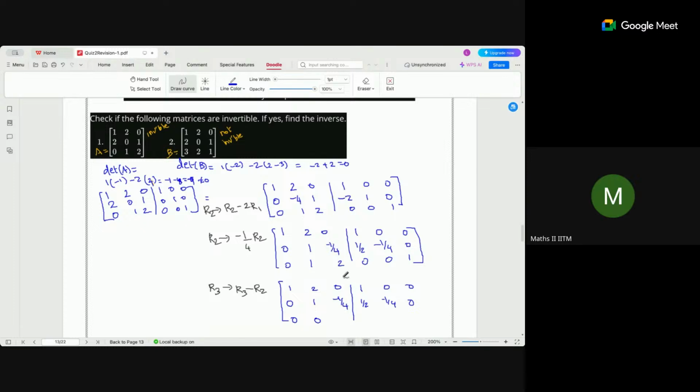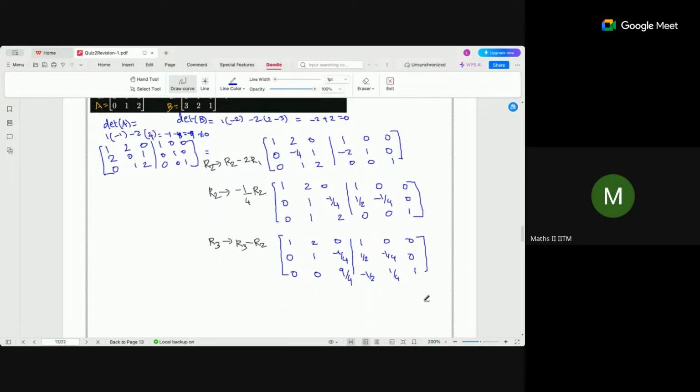What is 2 plus 1/4? You will have 9/4, right? 9/4, and then here you will have R3 minus R2. So minus 1/2, 1/4, 1. Right? So this is what you are having here.